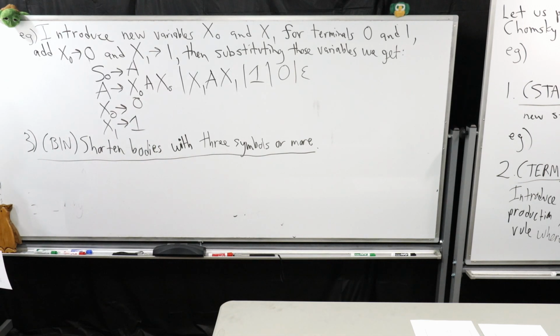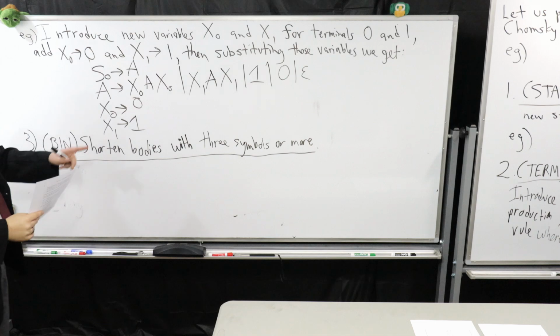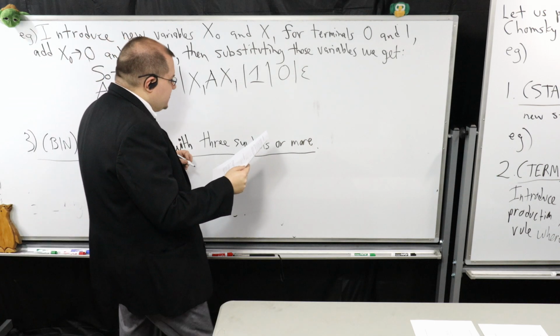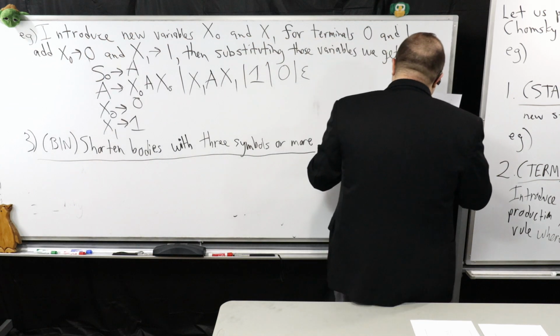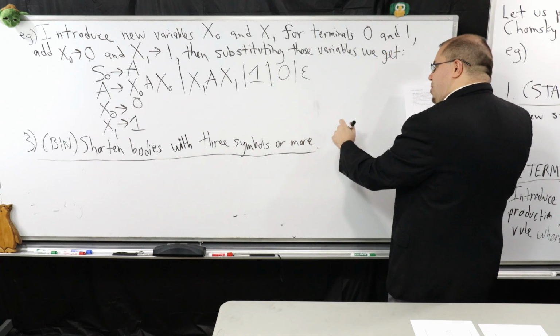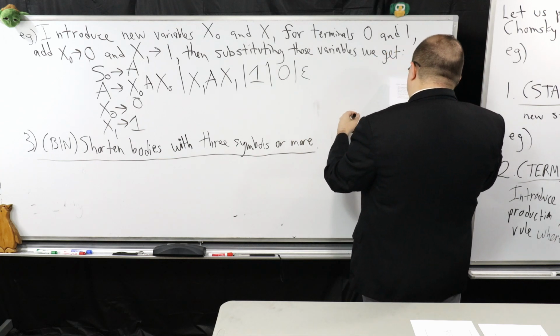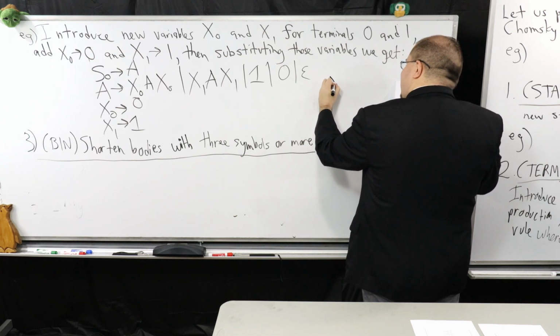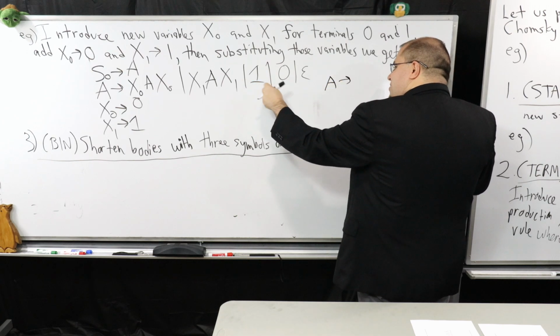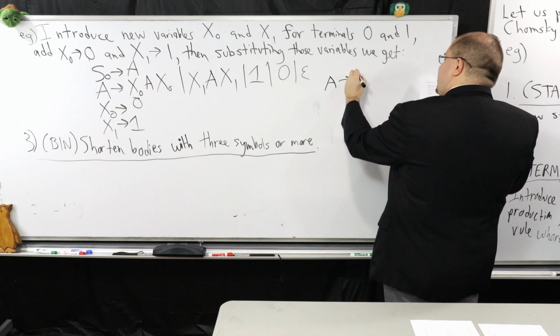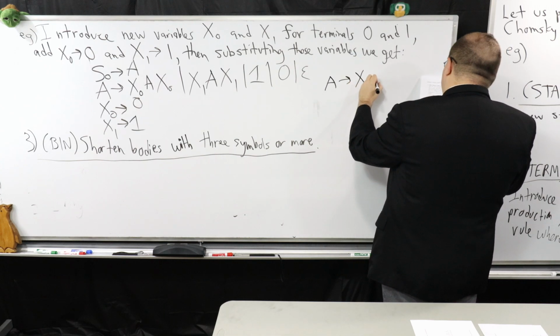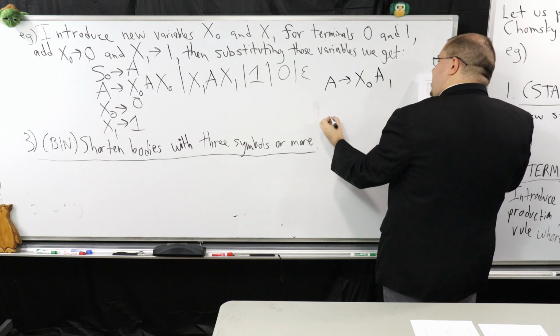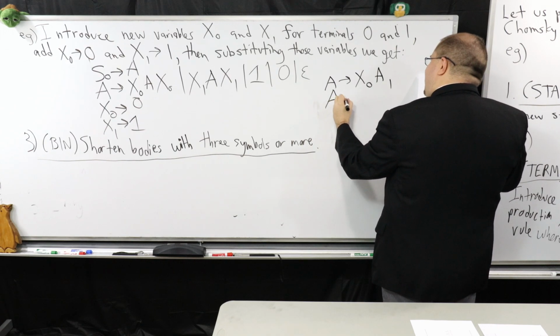So here's an idea. What if I could take each one of these and do the following? I'm going to write it more generally in a moment, but suppose I took that x0, A, x0. You'd agree with me that I could just create a new variable. I'm going to call it A1, for example.